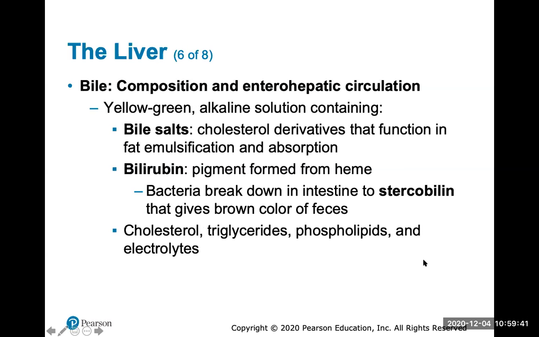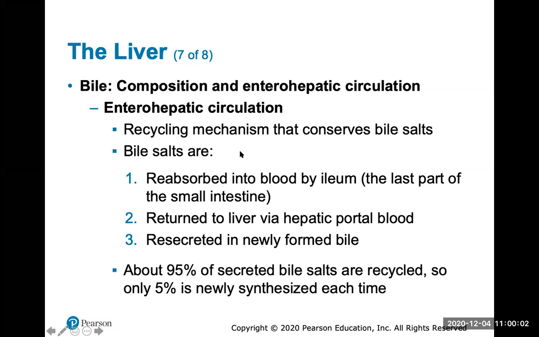Now bile composition and enterohepatic circulation. Bile is a yellow-green alkaline solution containing bile salts, which will emulsify fats and help absorb them. Bilirubin is a pigment formed from heme, from the breakdown of hemoglobin, and bile also contains cholesterol, triglycerides, and other things. Bile salts are a part of the enterohepatic circulation.